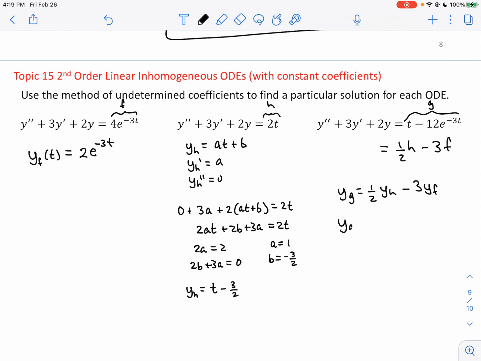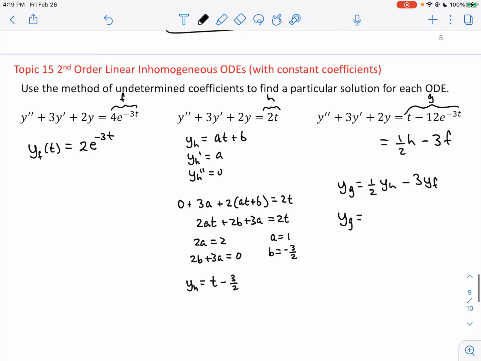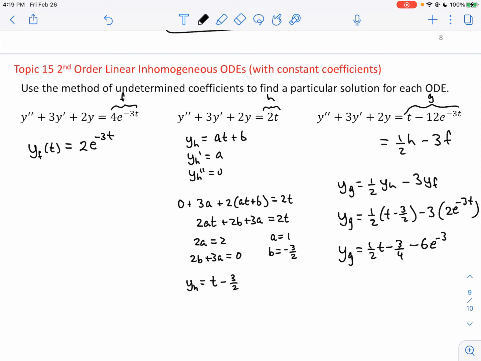And so y sub g, therefore, is going to be 1/2 of y sub h. So that's going to be 1/2 of t minus 3/2, and then minus 3 times y sub f. And y sub f was 2e to the negative 3t. So in other words, y sub g will wind up being 1/2 of t minus 3/4 minus 6e to the negative 3t.